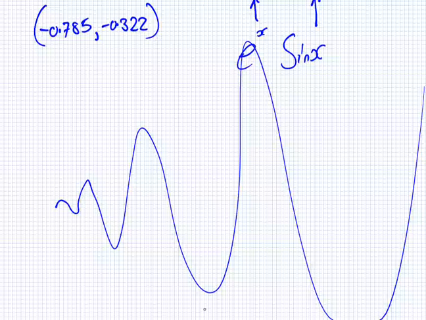So look, anyways, you can see the first turning point near the origin is around about here, which looks like it's about minus 0.75 and minus 0.3, which is what it is. That's good.